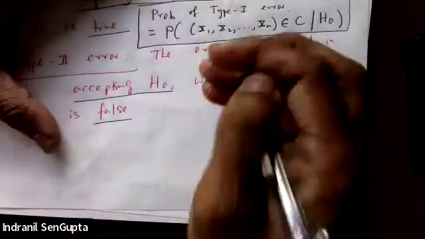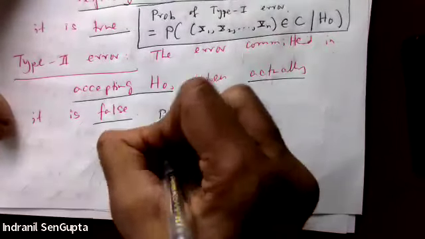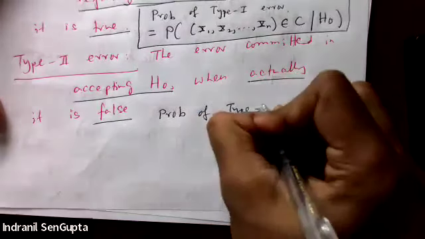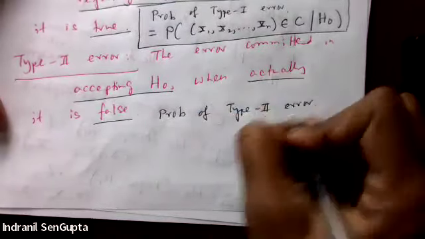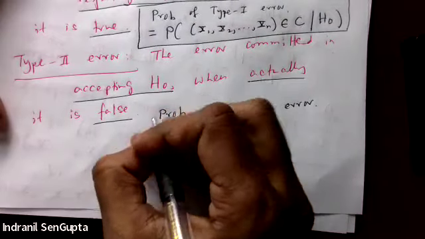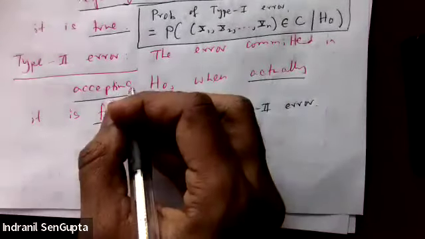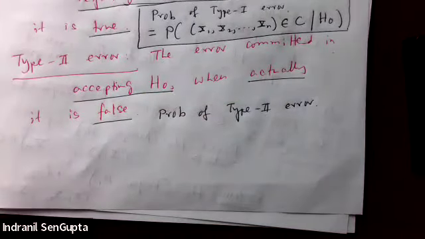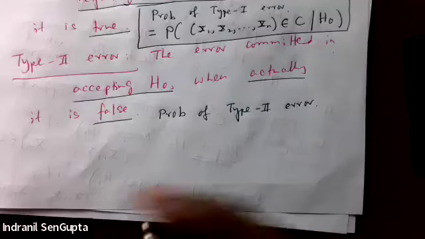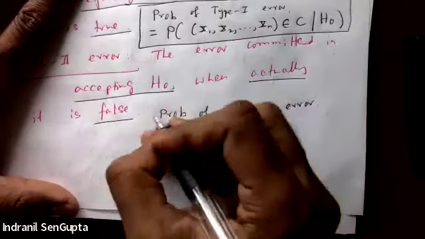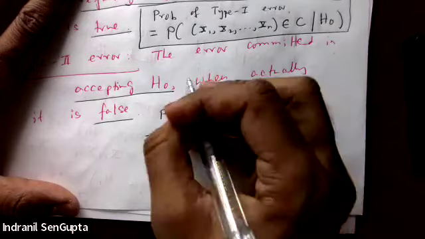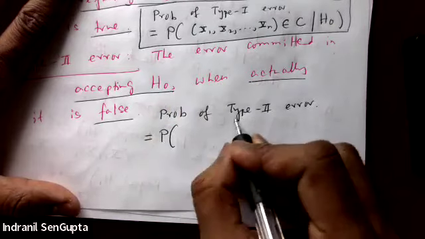And what about the probability of the type 2 error? I can write this as, so this is basically the probability of accepting H0 when it's false, right? So that means I must have the probability of accepting, or retaining, H0.